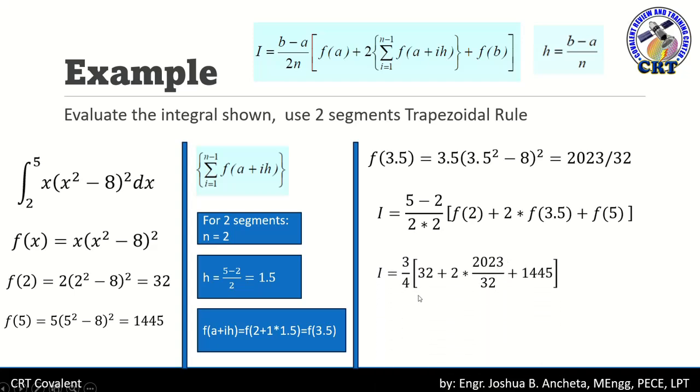So for the substitution, we have 3 over 4 times the quantity 32, plus 2 times 2023 over 32, plus 1,445. Solving for the integration, we have 1,202.58.